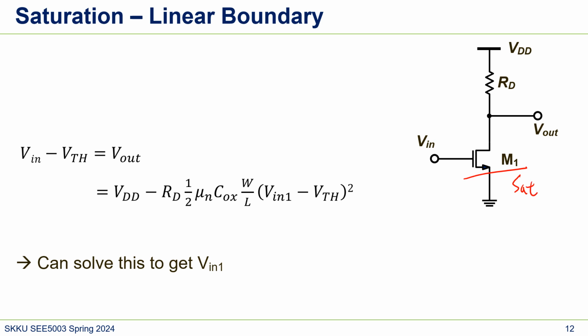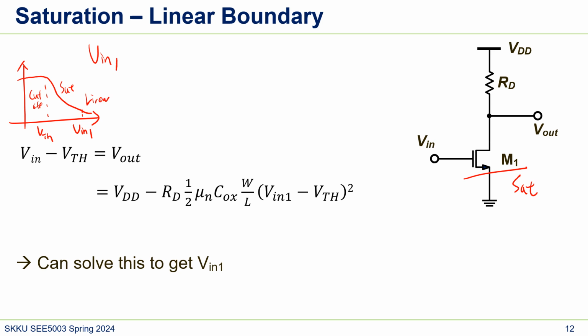So we can also calculate the linear boundary by using some equation. The way we do it is that V in, let's say that's a boundary. In the previous graph we said here is VTH, and then here is V in 1, right? And here is saturation, here is cutoff, and then this part is linear.